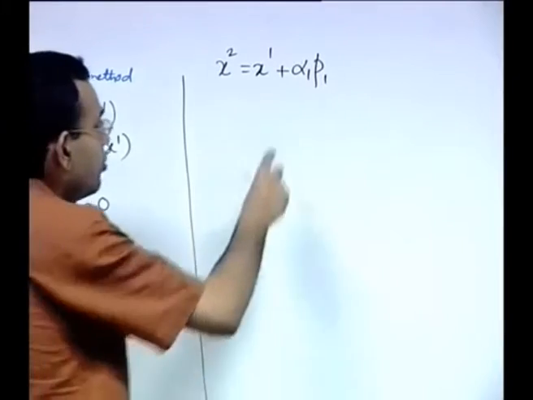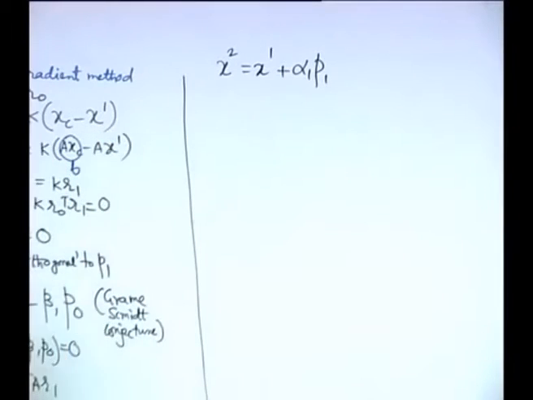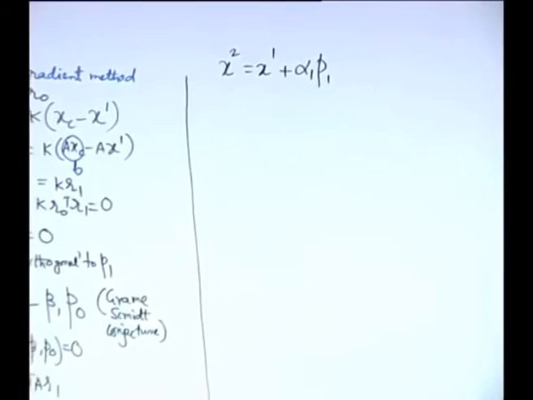So the question that remains is, what is this alpha 1? Again, the basic principle is the same: alpha 1 should be such that f is a minimum.